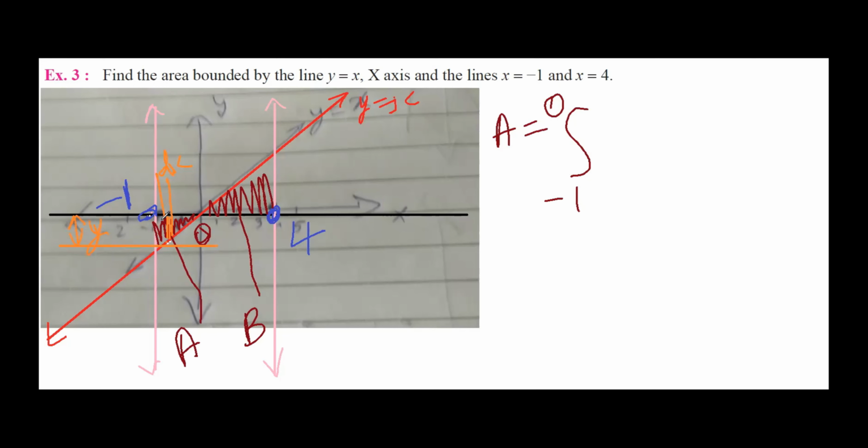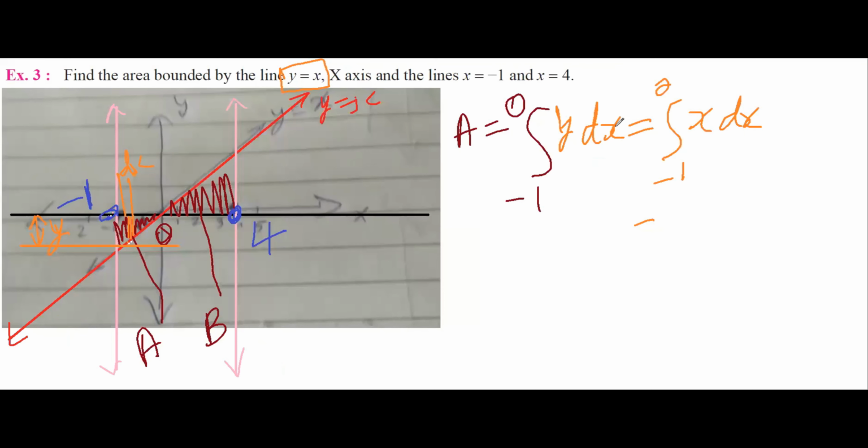So what is the area of this rectangle? It will be y into dx. From this particular equation, your y is x, so the integral of x dx. What is the integration of x? It is x square by 2, with limit from -1 to 0.